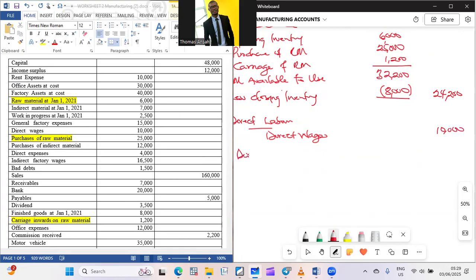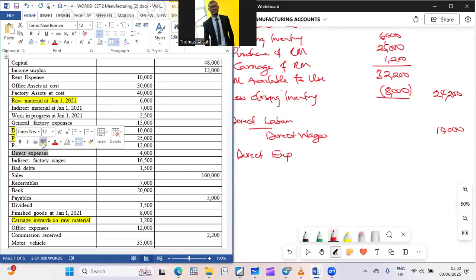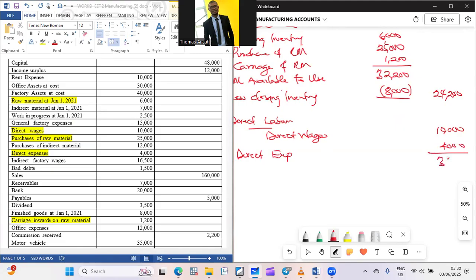What about direct expense? So we have used this one. There is also direct expenses. This one is indirect factory wages. All right, so direct expenses too is here. How much is that? 4,000. So this is like 34, making it 38,200, right? So that is that. That is that. All right, so that gives us our prime cost.